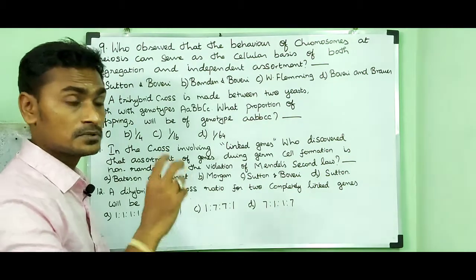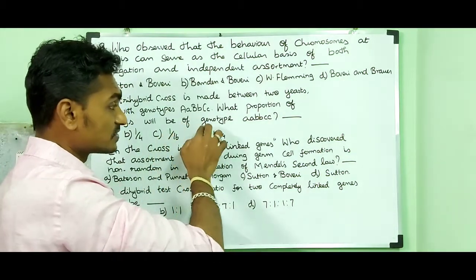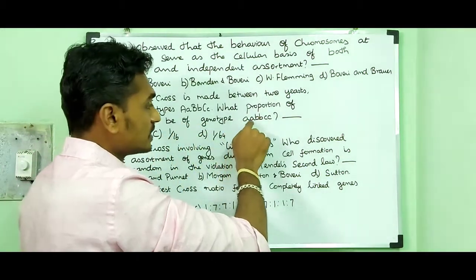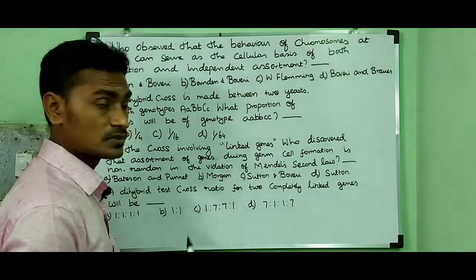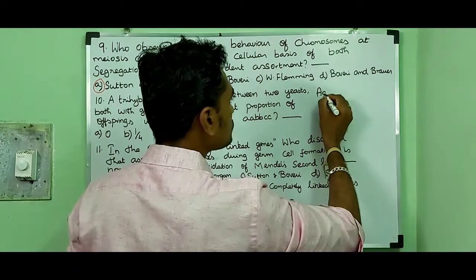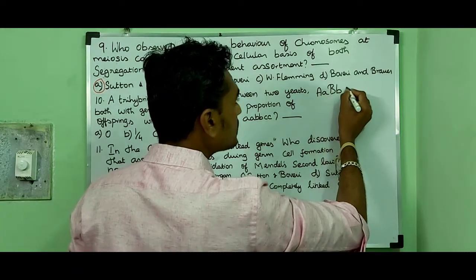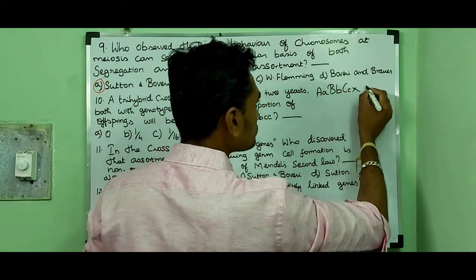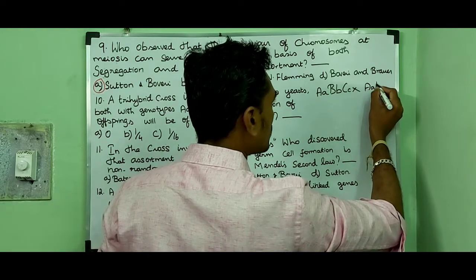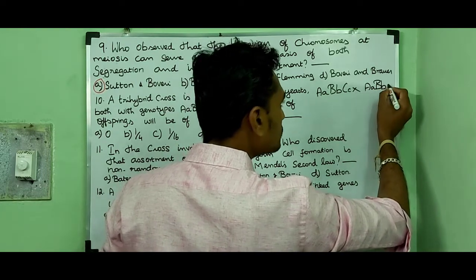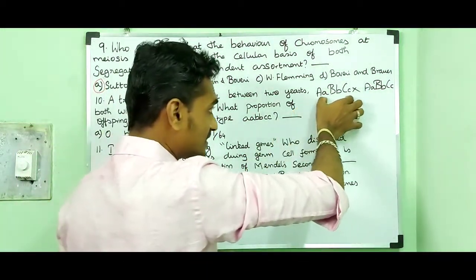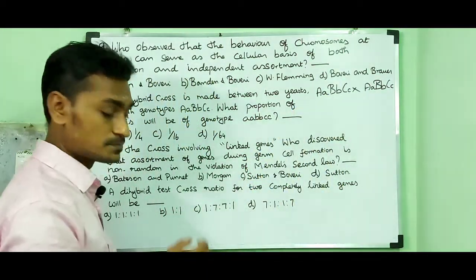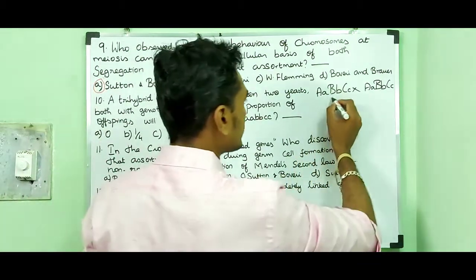Here you can find three genes, and these produce 8 gametes.